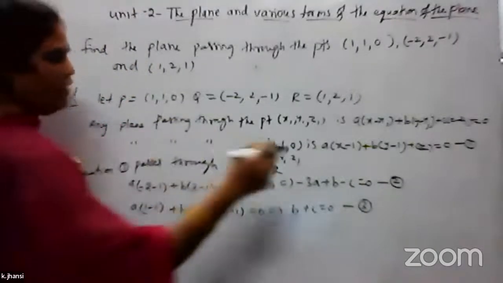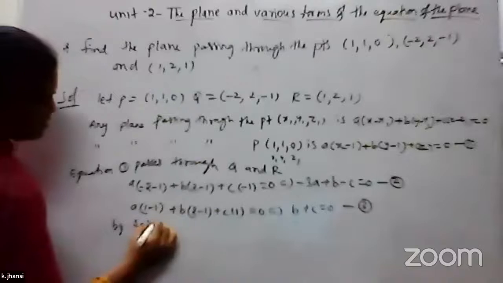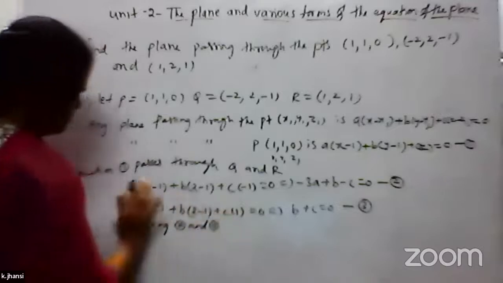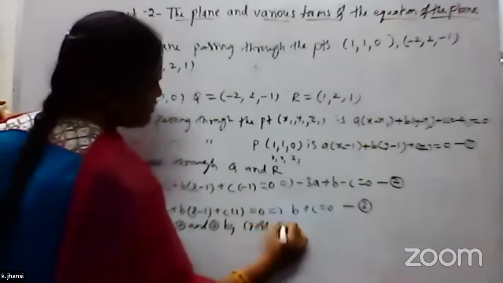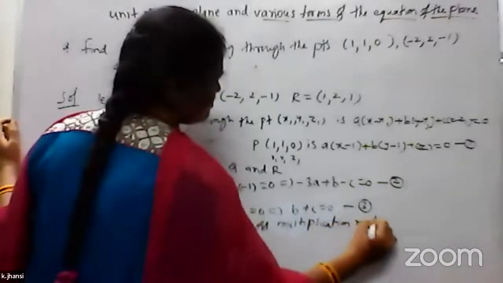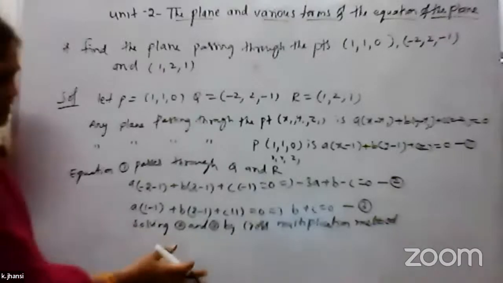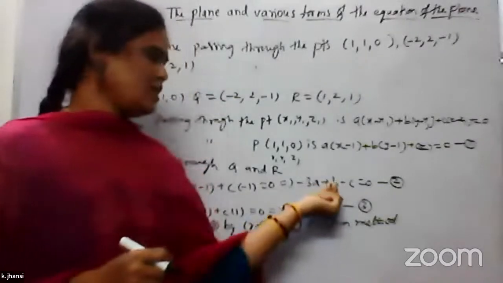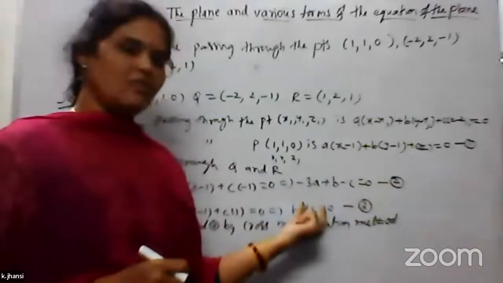Here, by the cross multiplication method, we write the coefficients of b, c, a, and after that again b, and similarly for the third equation also.